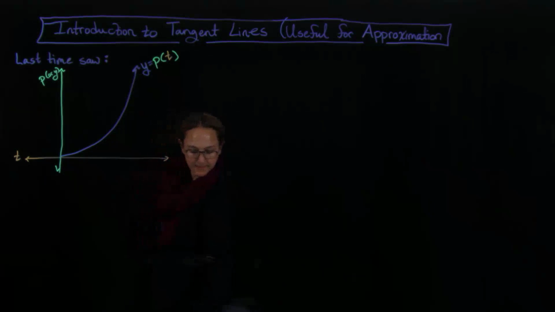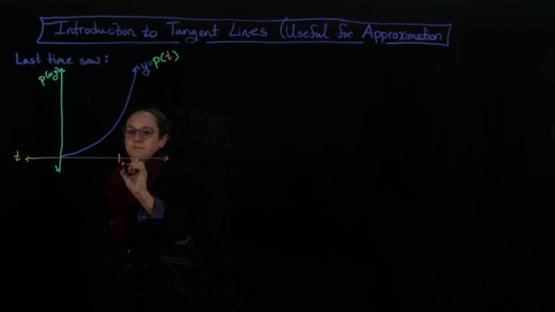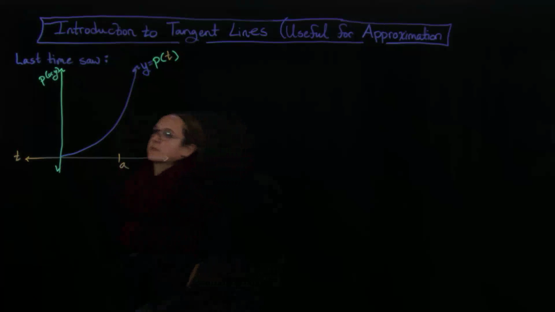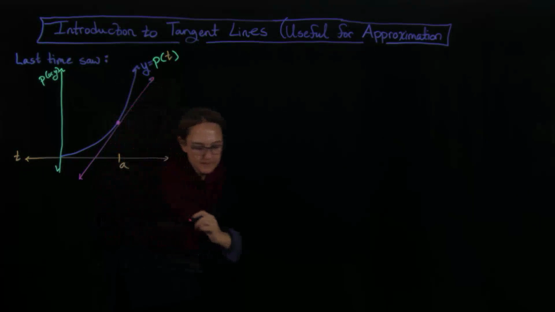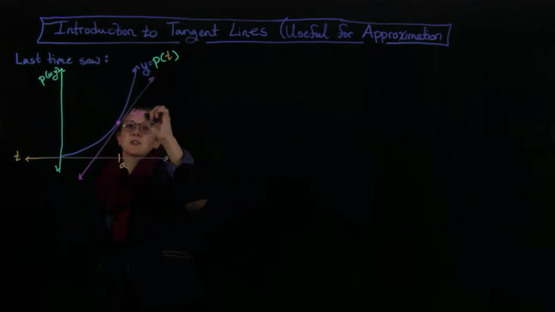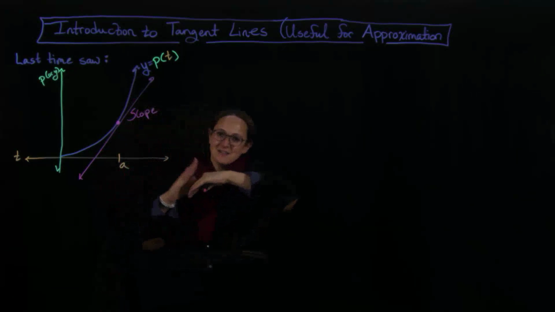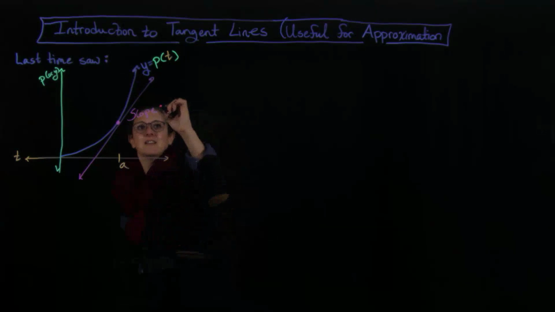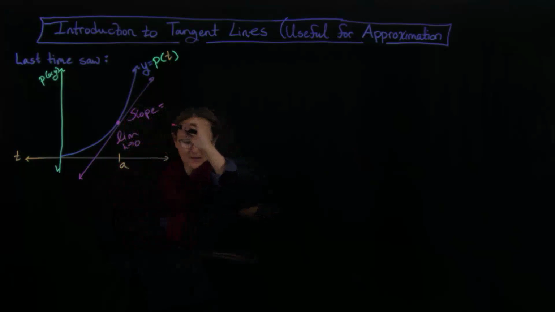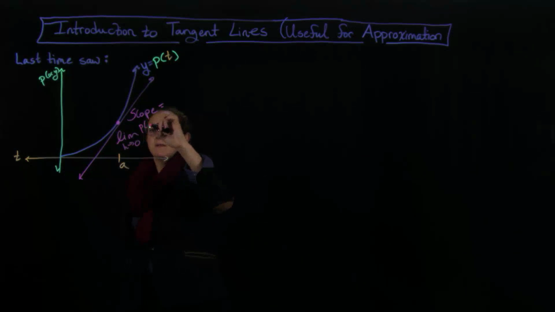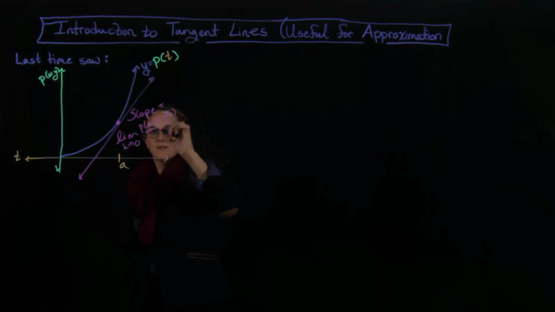If I have some kind of point A here, then I have this picture. The slope of this curve is actually, you take this line that just touches it, and it has the same slope there, which is equal to the limit as h goes to 0 of p of a plus h minus p of a, all divided by h.